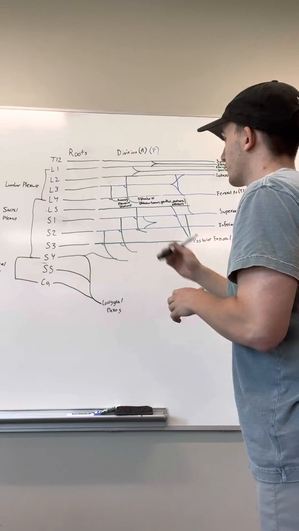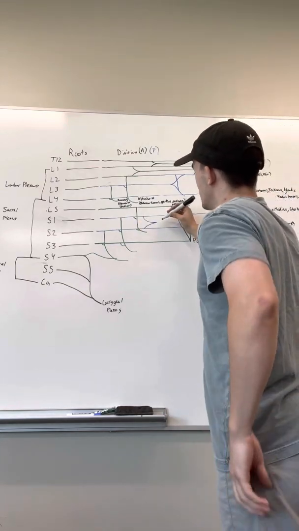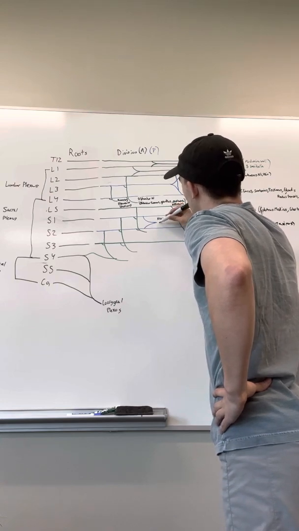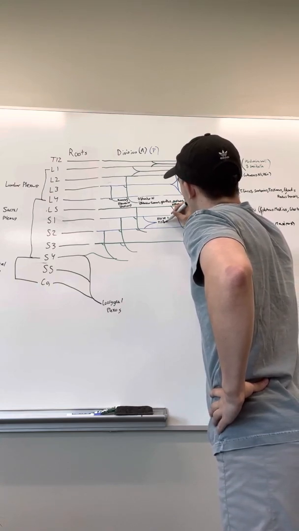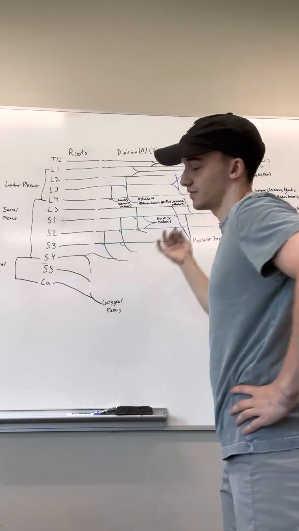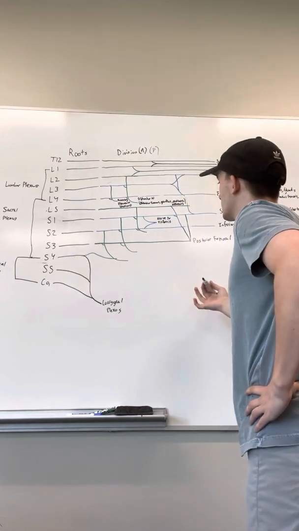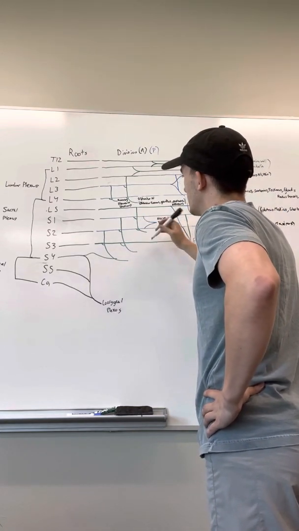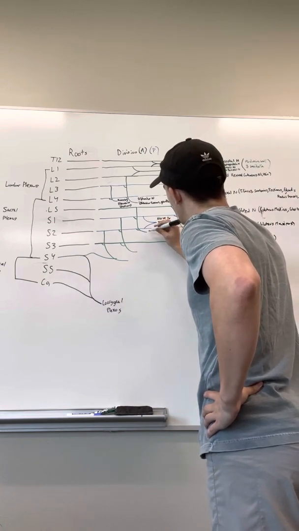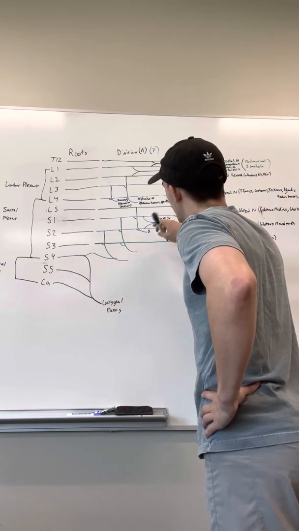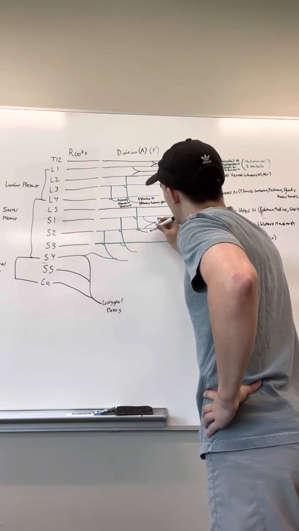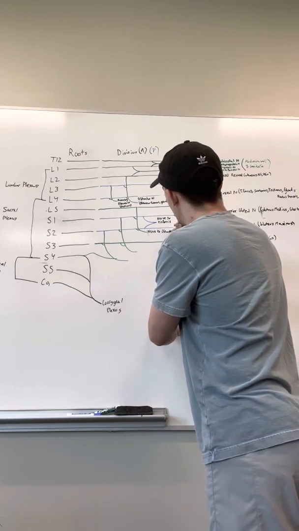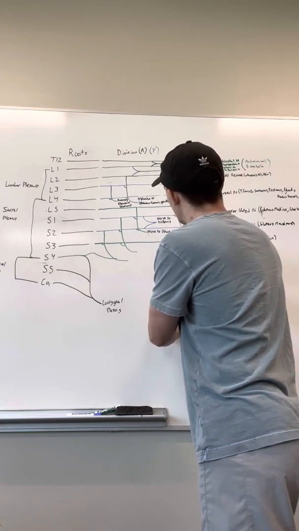Next, from S1 to S2, this is the nerve to the piriformis. And this obviously innervates the piriformis. Down here, from L5 to S2, this is the nerve to obturator internus instead of externus.